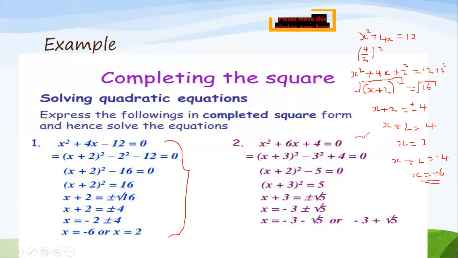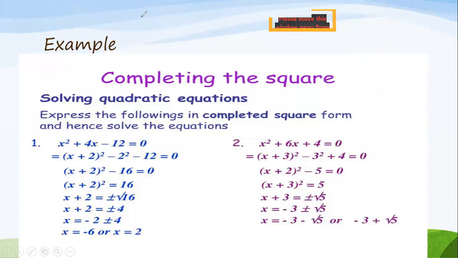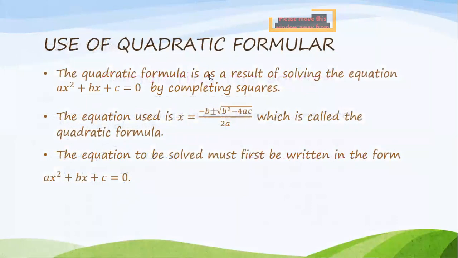So this is the example where we apply completing squares to solve a quadratic equation. Let's look at what happens if we use the quadratic formula. The quadratic formula is the formula that results after we have completed the squares on the equation ax squared plus bx plus c.